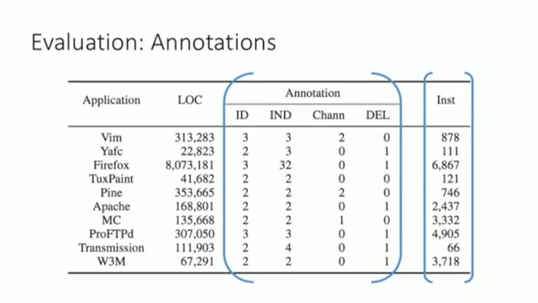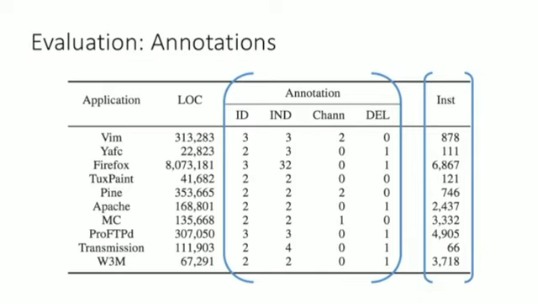So our LLVM pass will automatically perform the analysis and perform the instrumentation. This table is just to show the annotation effort is pretty small. But the instrumentation, as you can see, is usually a few hundred to a few thousand.